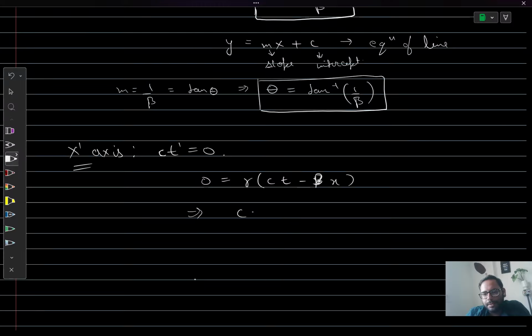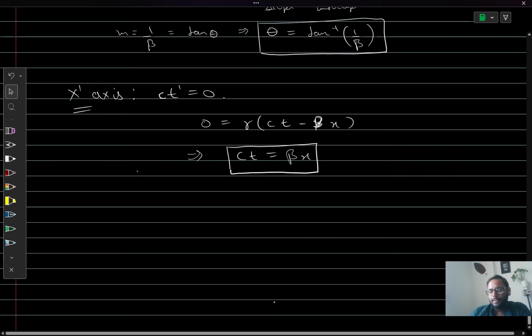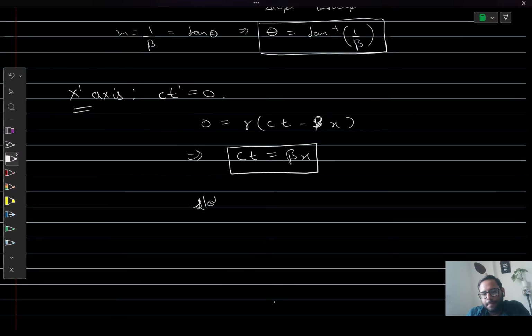So this will be ct equals beta x. This is my trajectory, or say world line, of the x prime axis in the ct-x graph. So my slope equals beta equals tan theta. This will imply theta equals tan inverse beta.